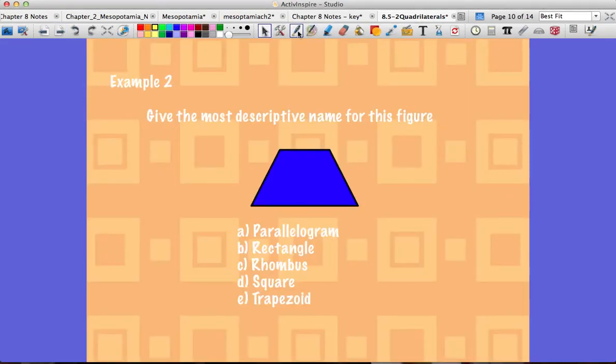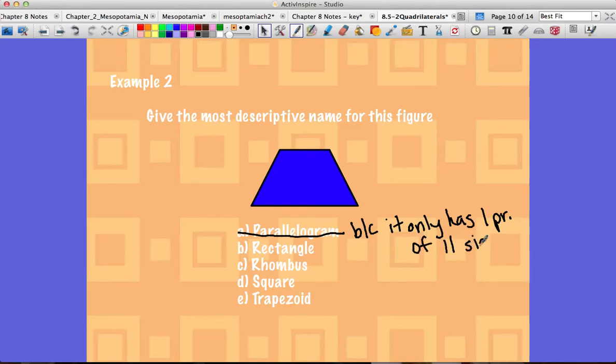Okay, this is not a parallelogram because it only has 1 pair of parallel sides. So therefore, since it's not a parallelogram, it can't be any of these.